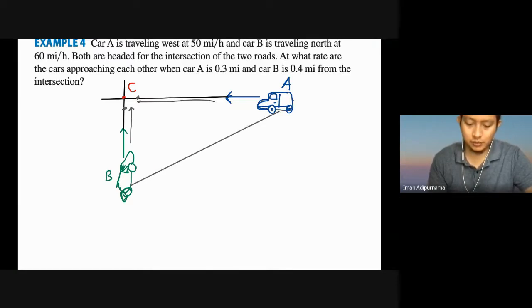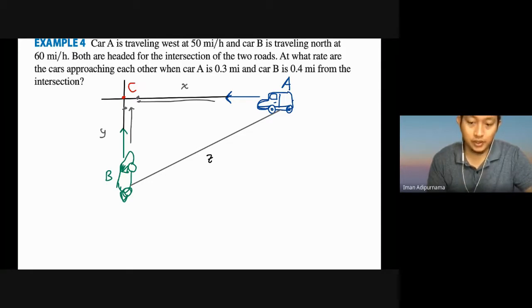The distance between A and B. Let's say if this is X, this is Y. Let's say this is Z. The distance Z will change every time A and B move, right? So I believe that the rate of change of the distance Z will be our final goal.